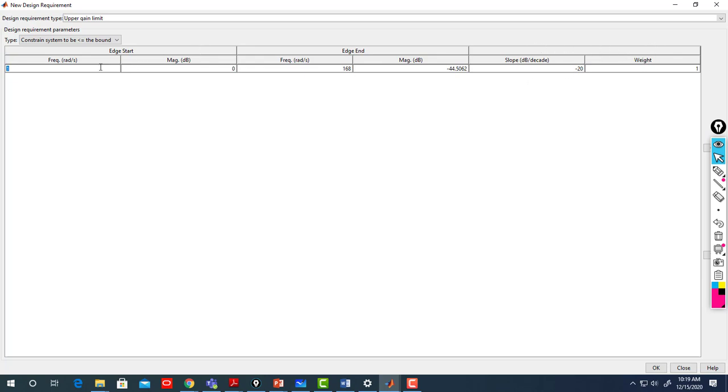So edge start, if we take 16.8, a decade below, then should be 20. Good. And this is 0, and this is minus 20. Alright, so now it seems right.